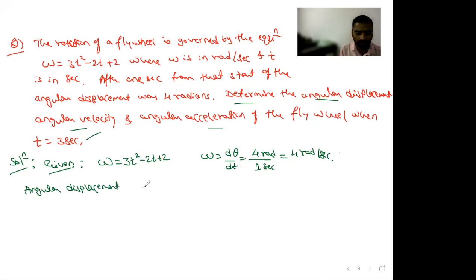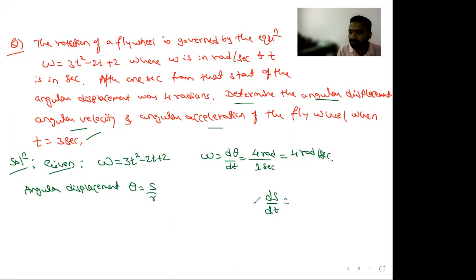Theta is equal to S upon R. Do you know S? Do you know R? Where is R? You don't know. So you know the value whenever ds by dt is given.